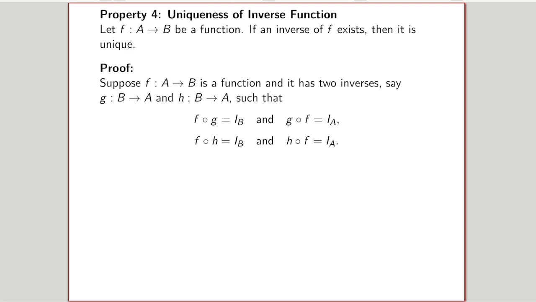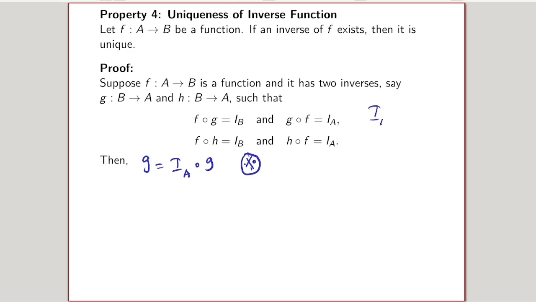Now I'm going to show that starting from g, it will be equal to h. So this g can be written as I_A composition g. This part we have to remember, the initial part, how we are going to start the derivation.